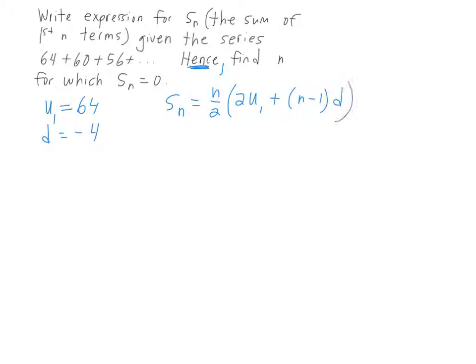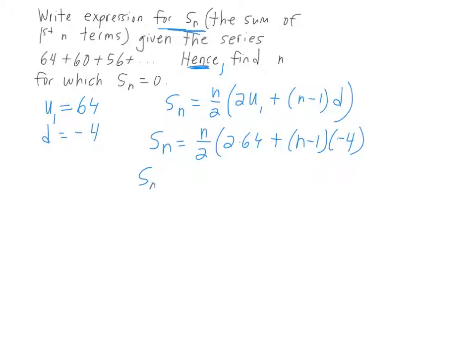Let's plug in as much as we know. So we have s sub n is equal to, now keep in mind, there's going to be an n in this. We're coming up with an expression for s sub n, so it's going to be in terms of n. So we have n over 2 times 2 times 64 plus n minus 1 times our common difference of negative 4.